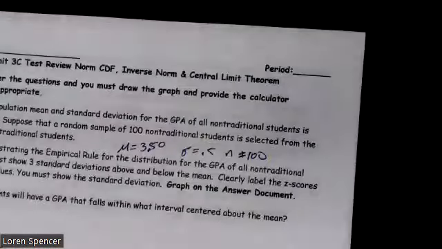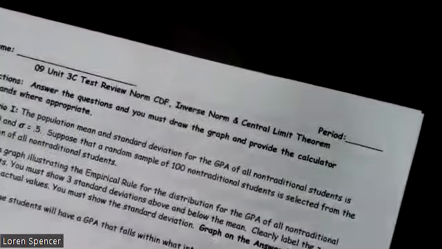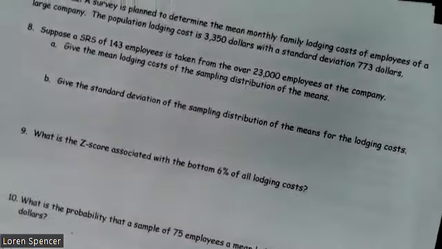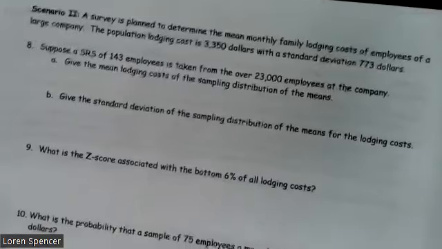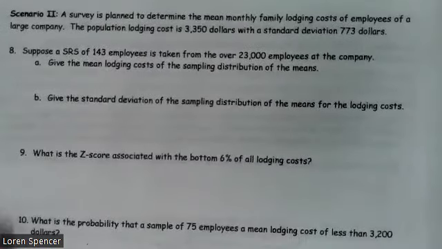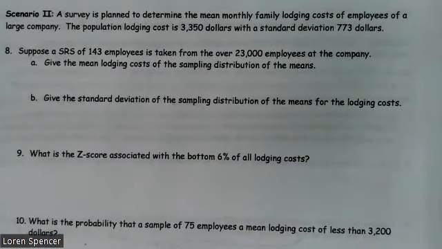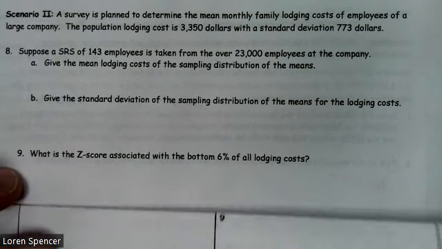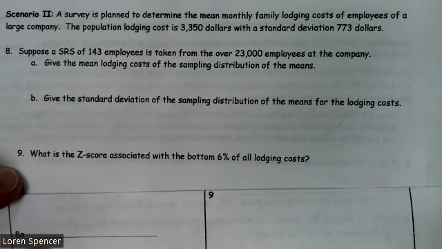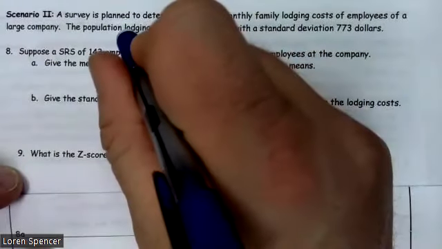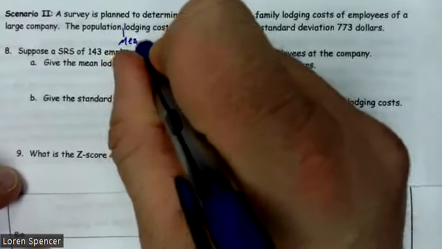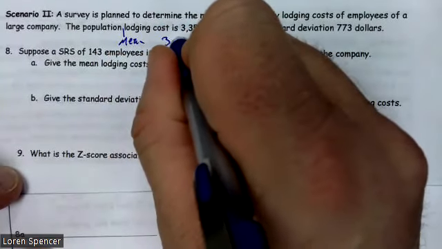So we're going to go ahead and quickly move over to scenario 2. A survey is planned to determine the mean monthly family lodging cost of employees of a large company. The population mean lodging cost is $3,350.